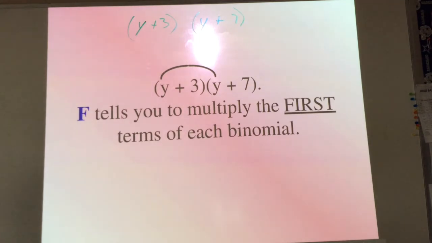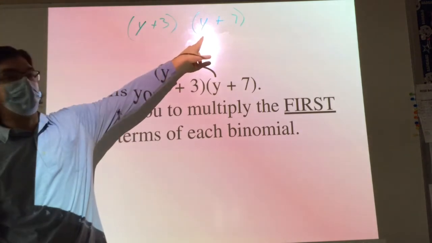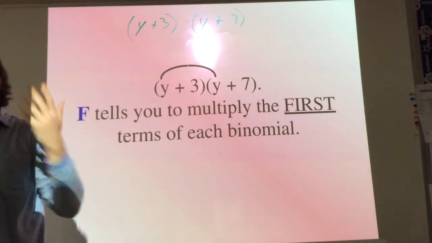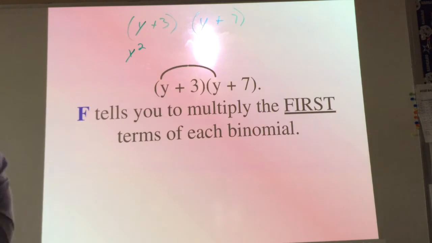Remember when we were multiplying all of those rules together? If you had the same bases with different exponents, what did we do with our exponents? We added them together. So this is technically y to the first, and this is y to the first. Well, y to the first times y to the first becomes y to the second. So now I've got y squared. We're all okay with that so far? That was the F, the first.